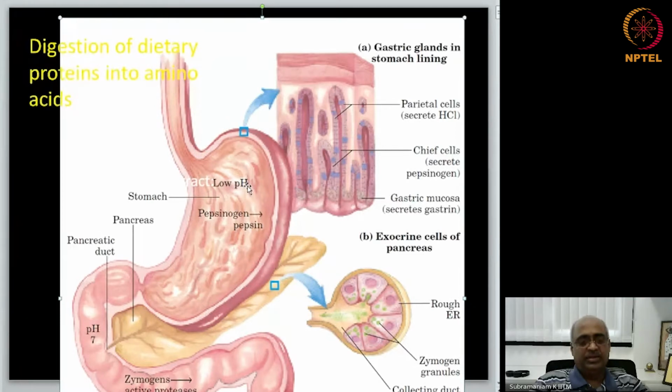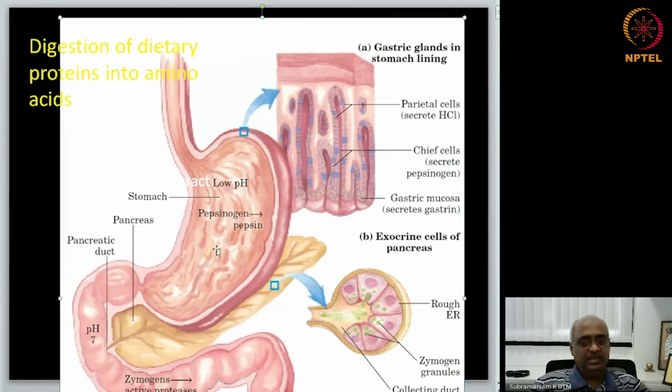And it will disrupt hydrogen bonding as well. So due to that, proteins get denatured and become better suited for digestion by pepsin. So this is what happens in the stomach.